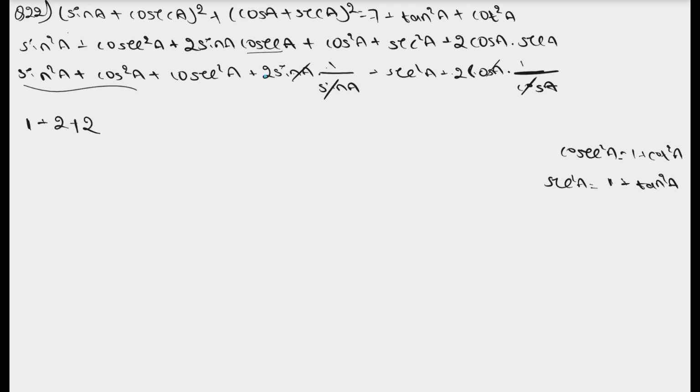In the place of cosecant, I'll write it as 1 plus cot square A. And in the place of secant, I'll write it as 1 plus tan square A. Now let's add all the values here. 1 plus 2 plus 2, 5, plus 1 and plus 1, 7. 7 plus cot square A plus tan square A, which is our required RHS value.